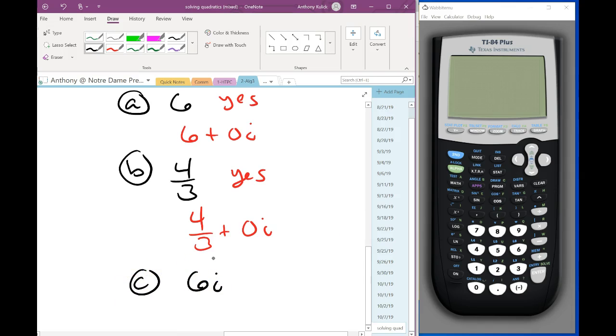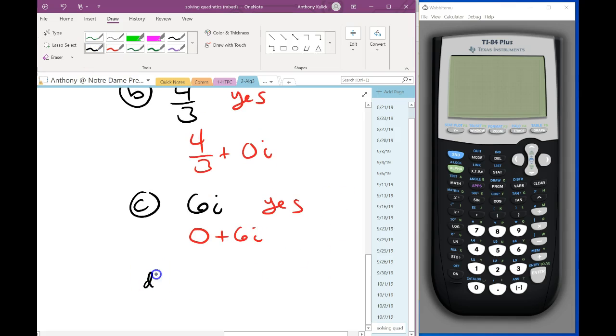Is 6i a complex number? Yes. I can write it as 0 plus 6i. Is 3 minus 2i a complex number? Yes, definitely is, right? That's my a plus bi, definitely in that form.